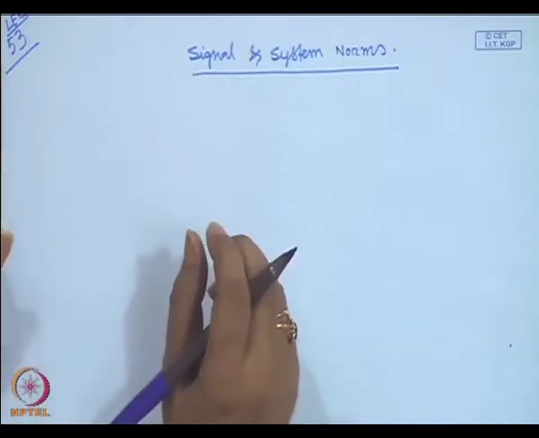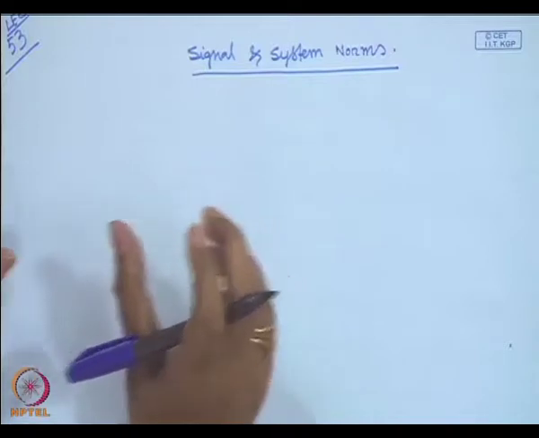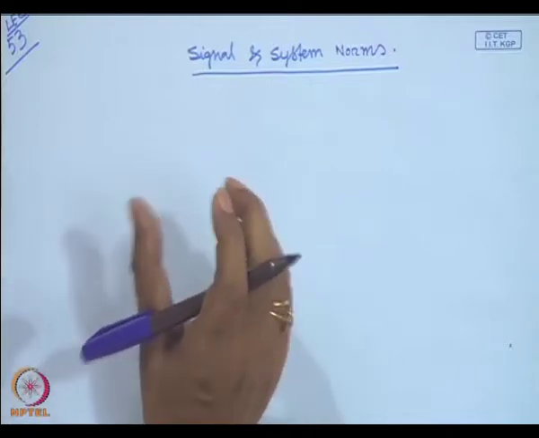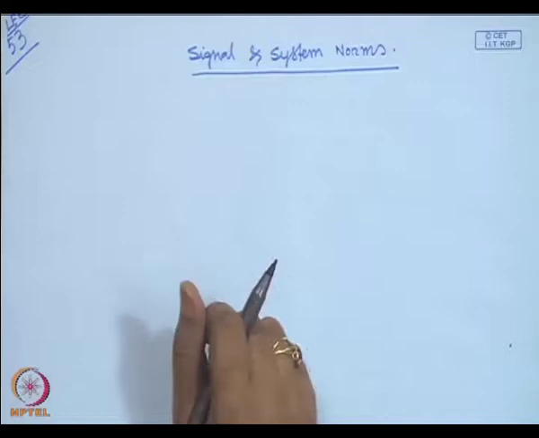In any signal, energy is present when the signal is presented over an interval of time. How we compute the energy contained in that signal, we call the size or strength of the signal.